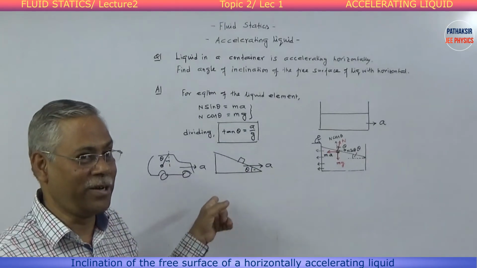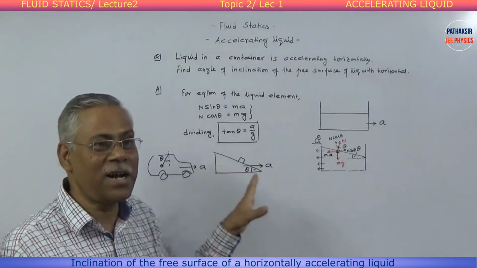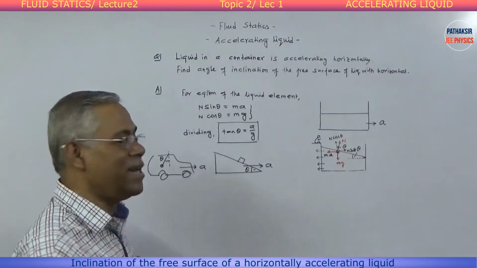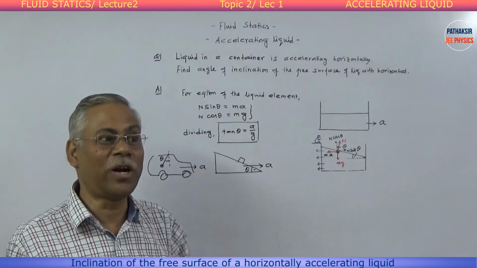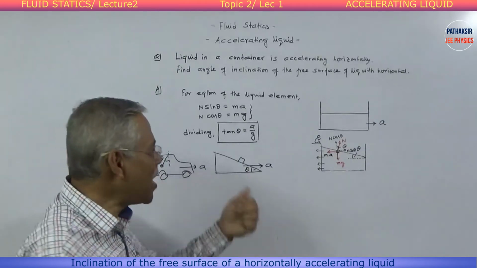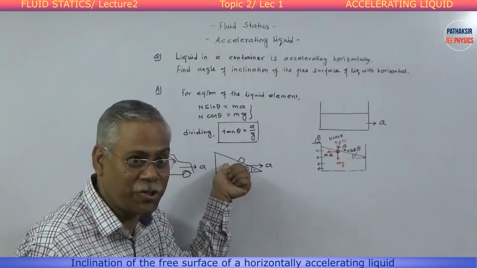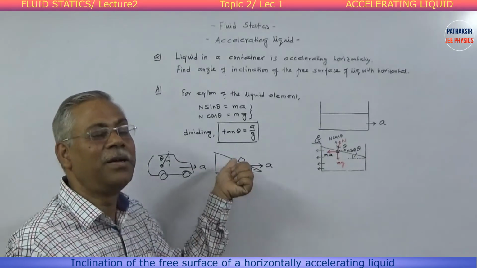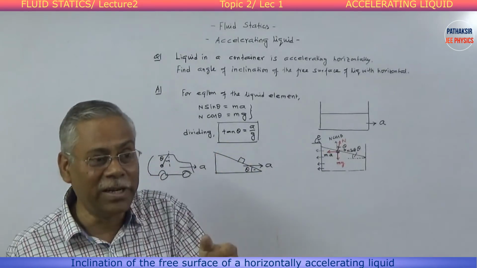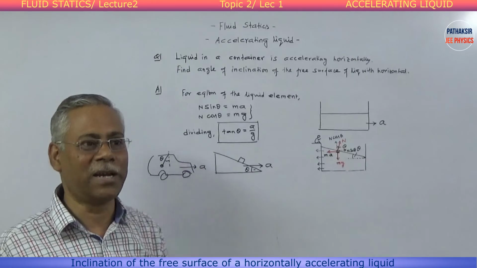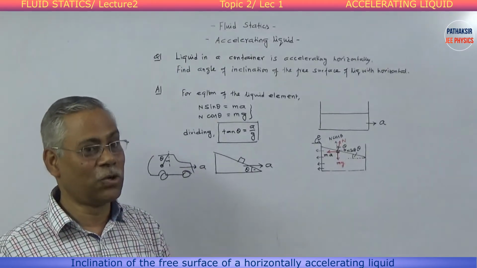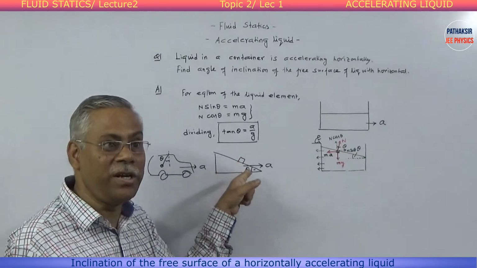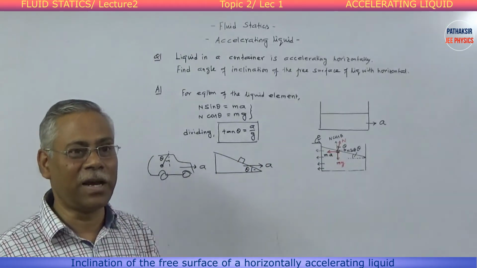This is a very important question, and if you remember the result, in no time you will get 4 marks. The answer is again tan theta equal to a by g. What question will be asked to you? For what acceleration of the wedge the block will remain stationary on the surface of the incline.